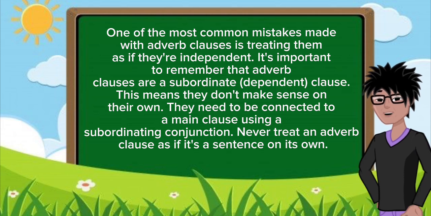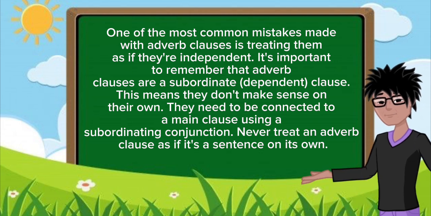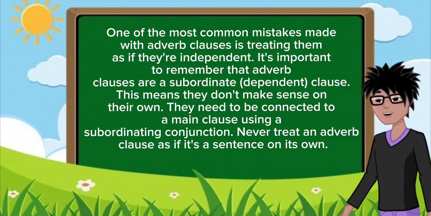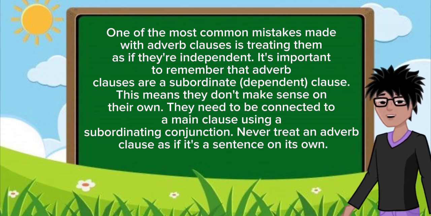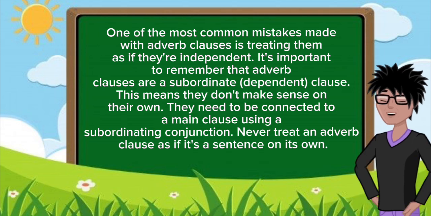It's important to remember that adverb clauses are subordinate or dependent clauses. This means they don't make sense on their own. They need to be connected to a main clause using a subordinating conjunction. Never treat an adverb clause as if it's a sentence on its own.